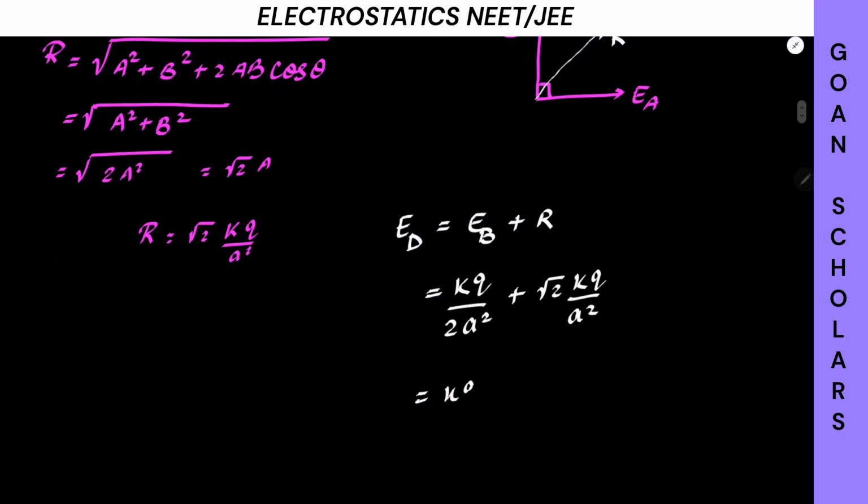Let's take common out here. So KQ by A square taking common, this will give you half plus root 2. I hope this is clear. This is our second one. So ED is KQ by A square times half plus root 2. Clear? Okay, great.